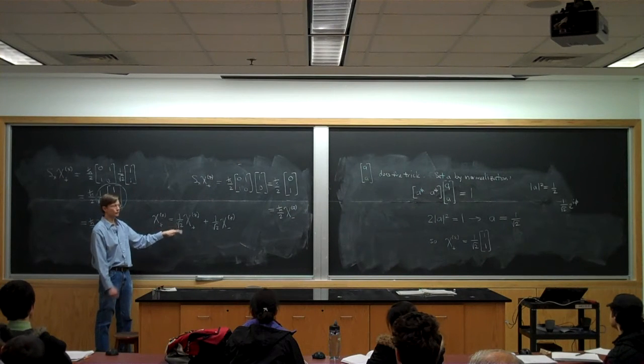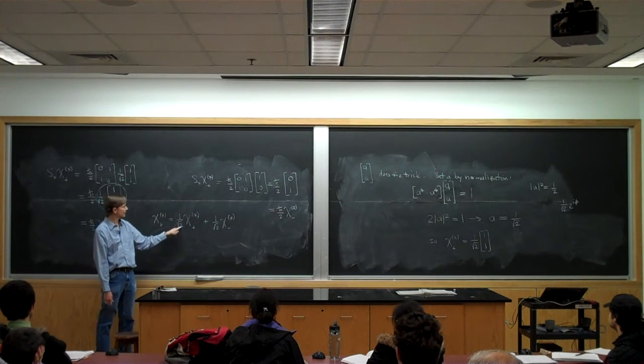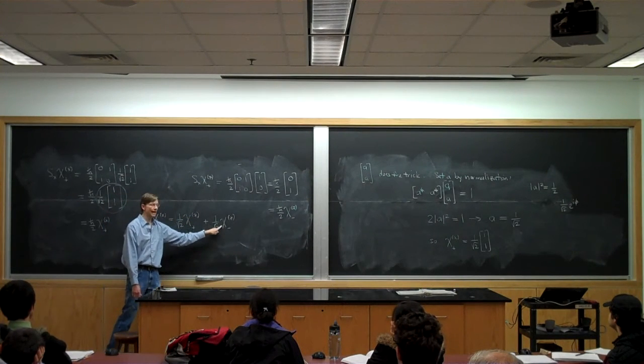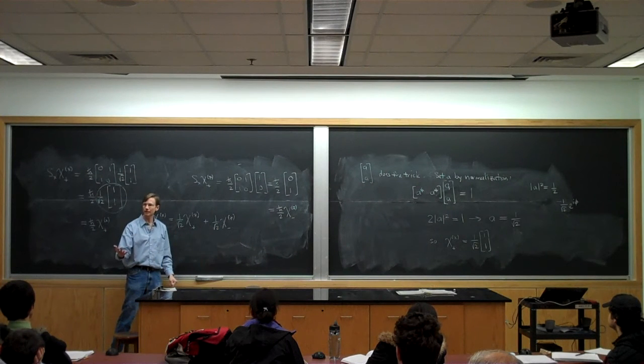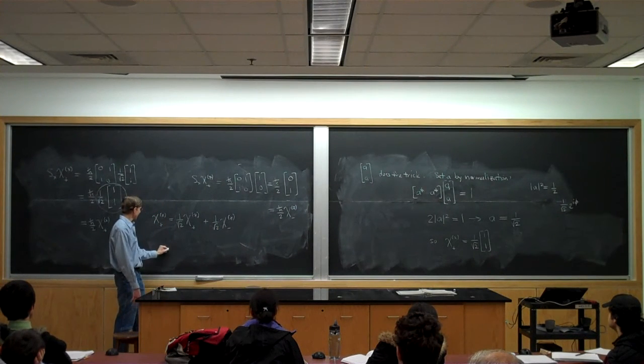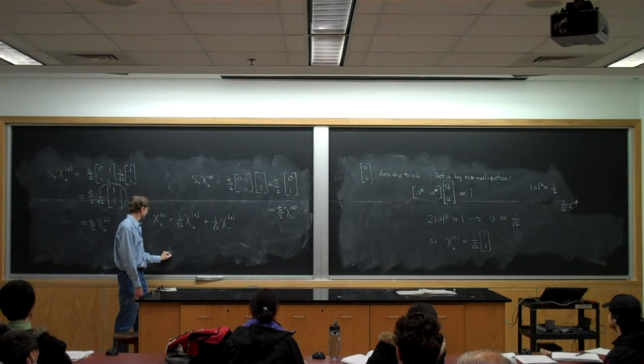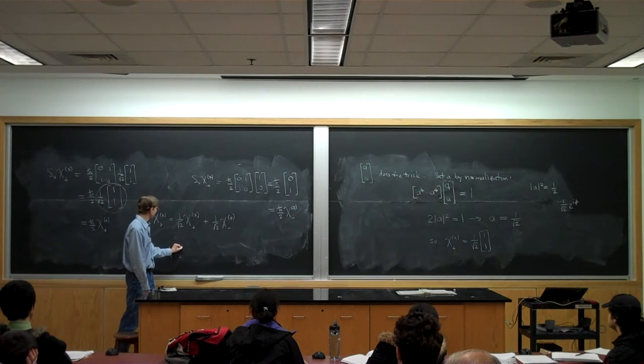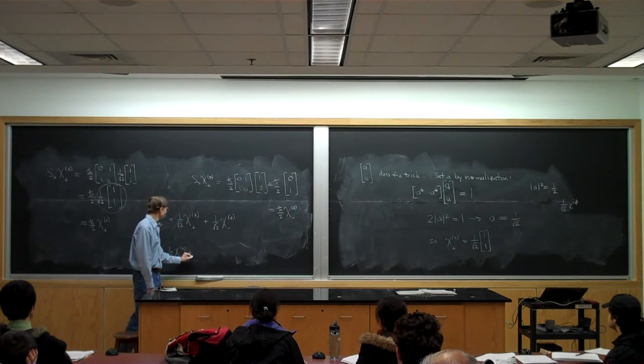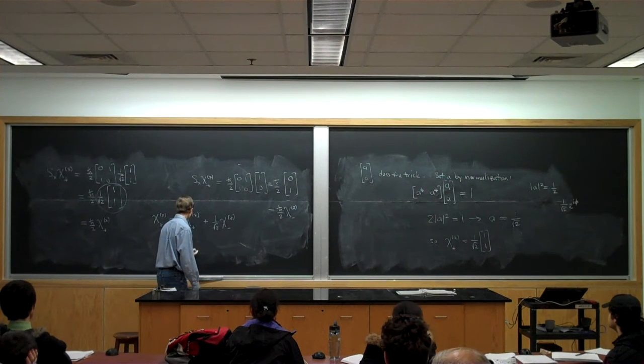So I've got 1 over root 2 squared equals 1/2 as the probability of getting plus h bar over 2, and also 1/2 as the probability of getting minus h bar over 2. It's 50-50. On the other hand, what if I somehow knew before the measurement that the spinor was this linear combination?